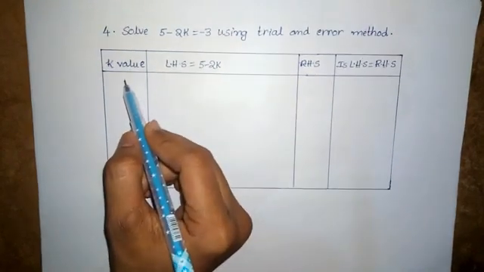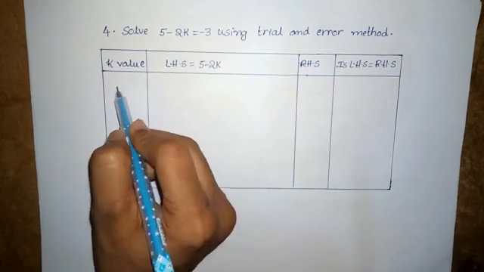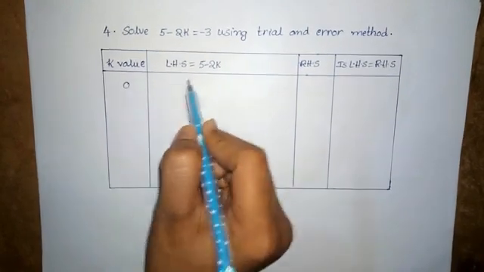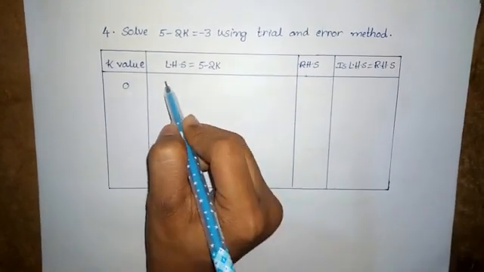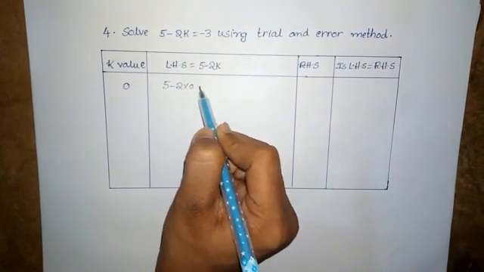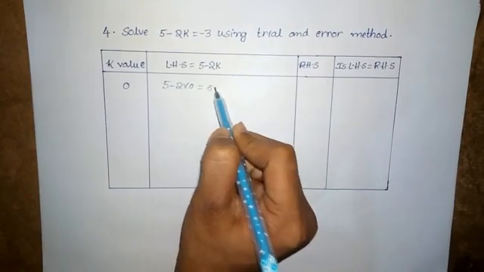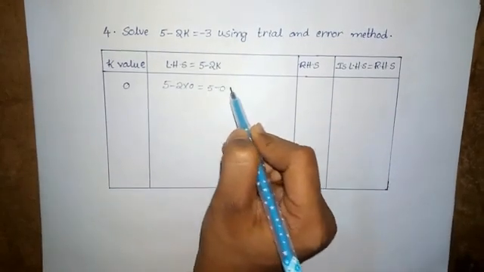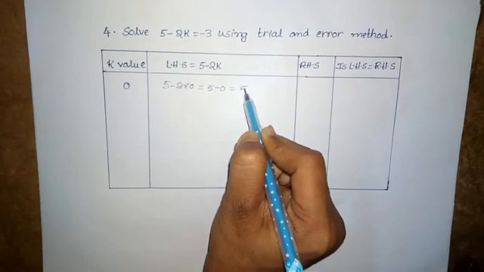So first consider k value equal to 0. Substitute k equal to 0 in LHS. So 5 minus 2 into 0 becomes 0. So 5 minus 0 equal to 5.